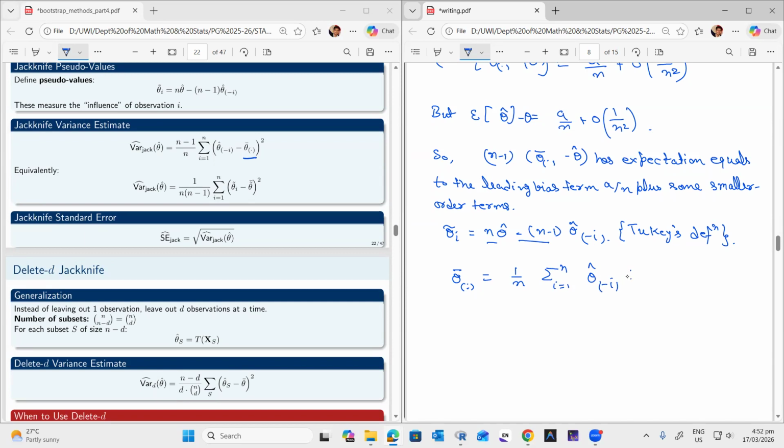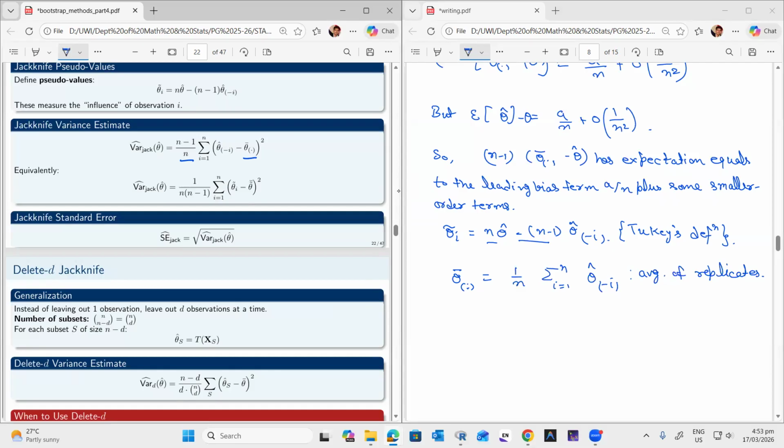This is basically the average of the replicates. And here we have n minus 1 upon n, which is basically the factor.